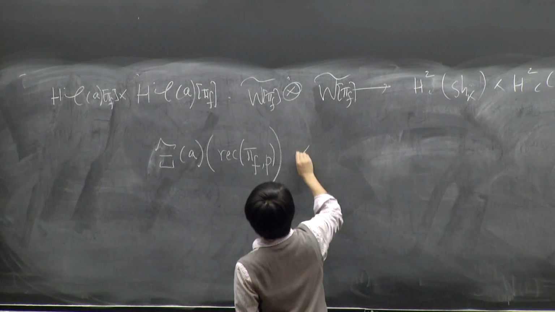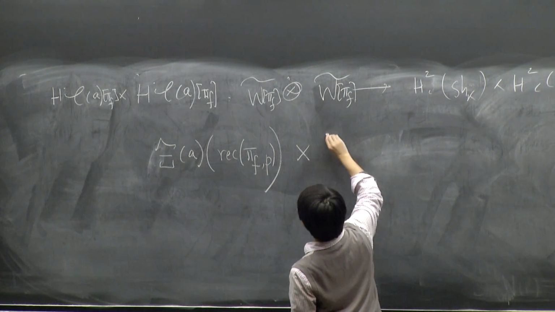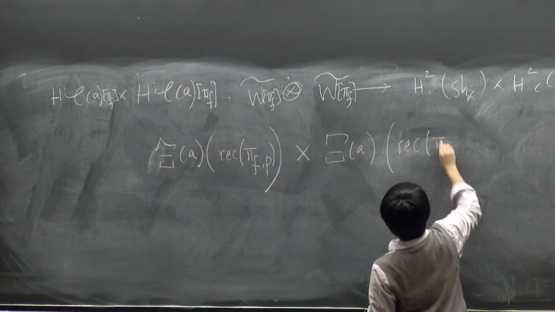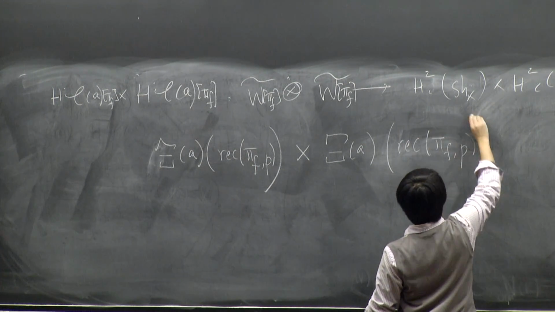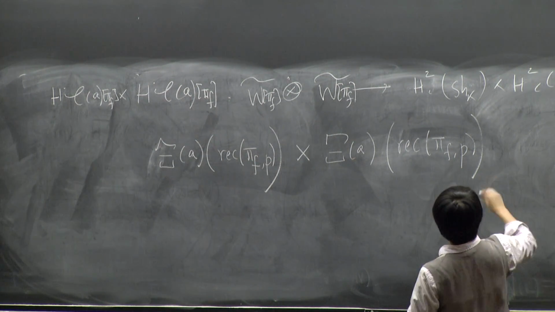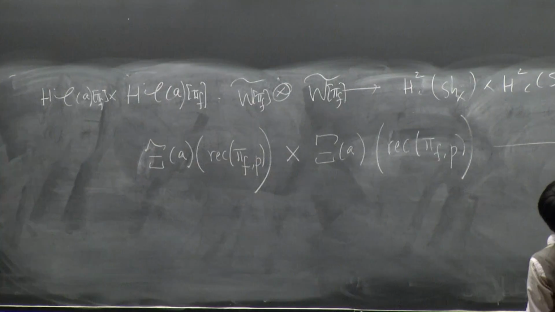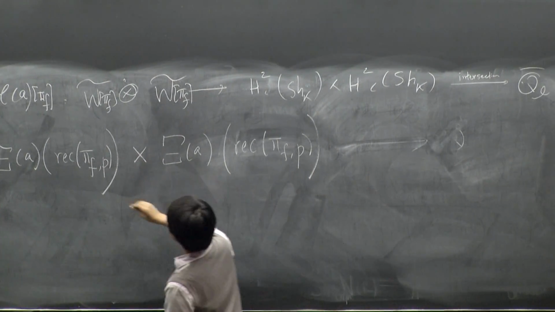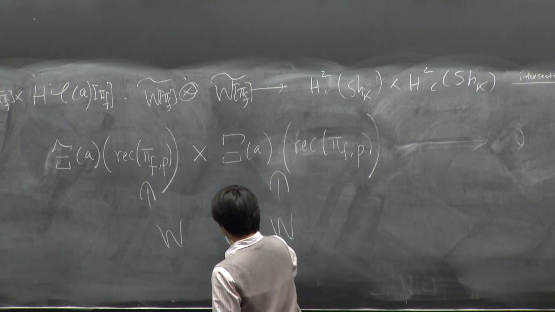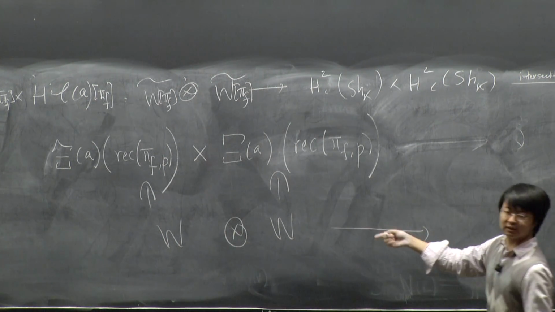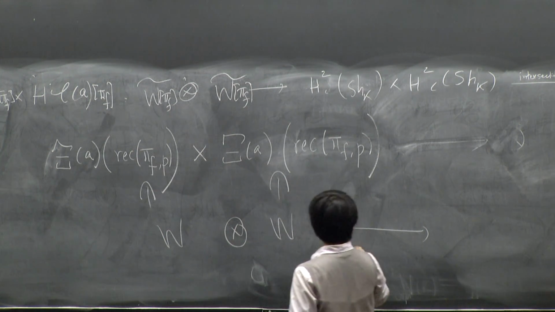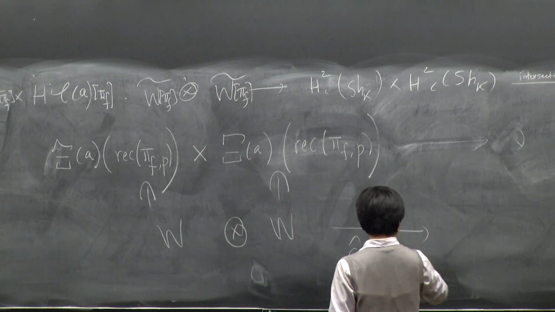And in fact, psi A of the corresponding Satake parameter is also in the representation of W. And in fact, up to scalar, there's a unique self-intersection pairing, a G hat equivariant pairing.